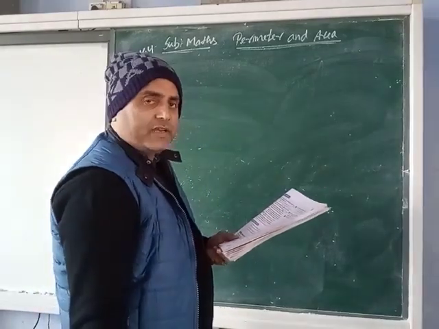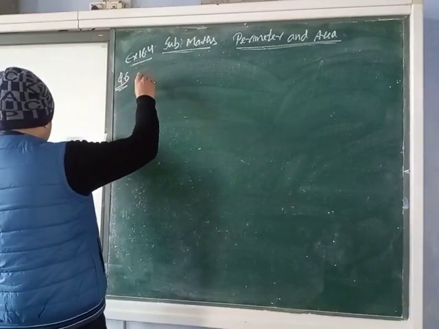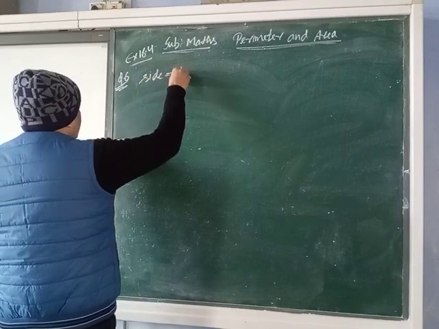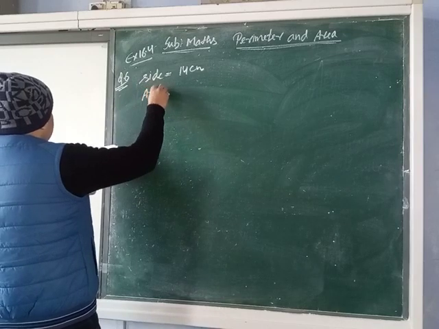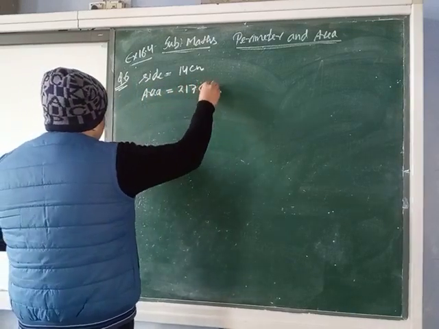First of all, what is given? Write down. The side of the parallelogram is 14 centimeter, and the area of the parallelogram is 217 square centimeter.